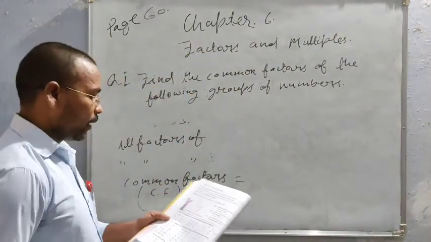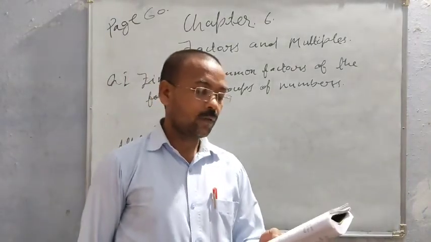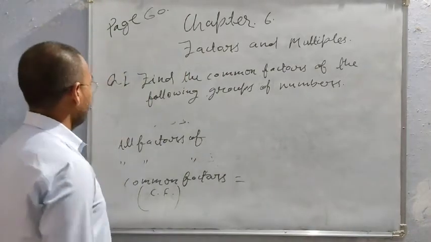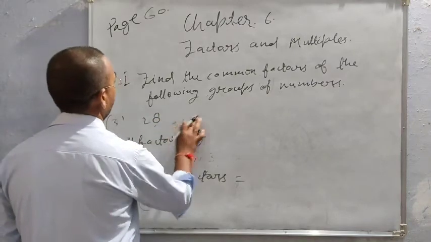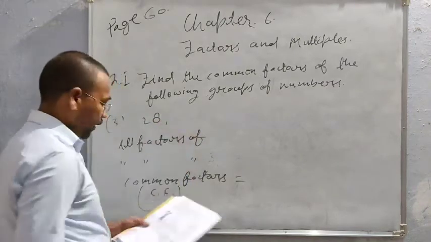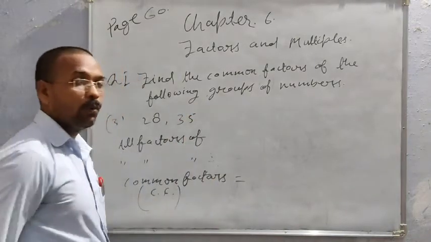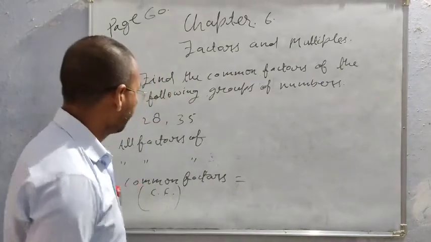In the third one, the numbers given are 28 and 35. See your textbook. I hope you know how to write all the factors of a given number.